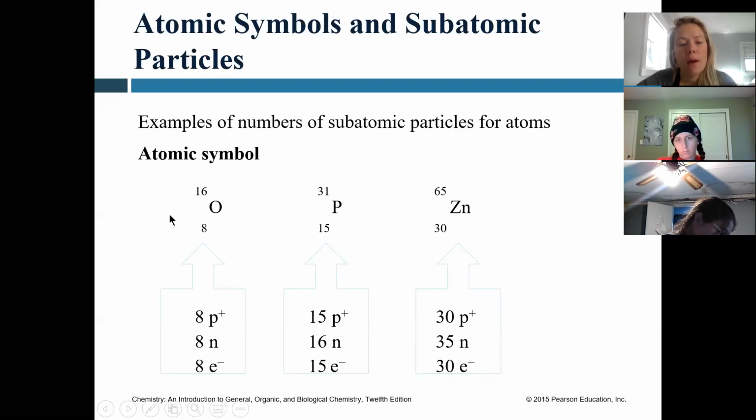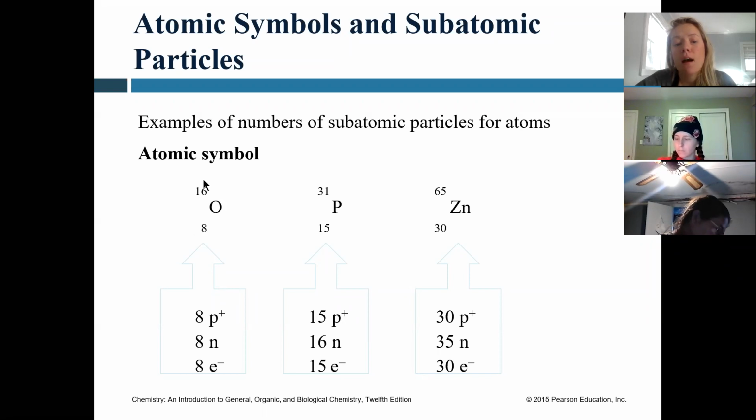Let's look at a couple of these here. This is a lot of times how you'll see it written. You'll see the symbol, and in the upper left-hand corner will be the mass. In the lower left-hand corner will be the atomic number. Again, this is sort of fused together with the symbol. That's not going to change. If this is an O, this bottom number will always be 8.